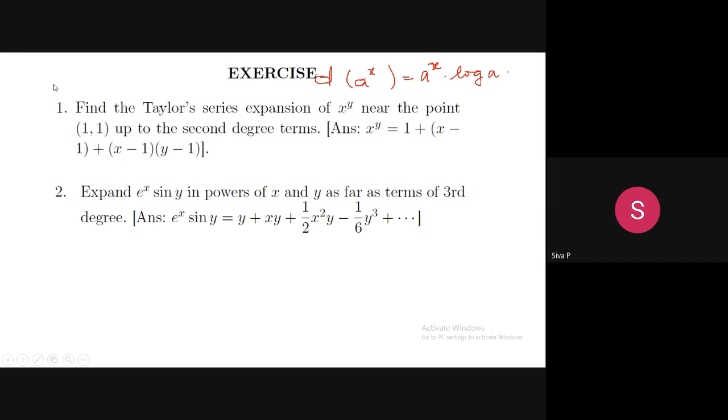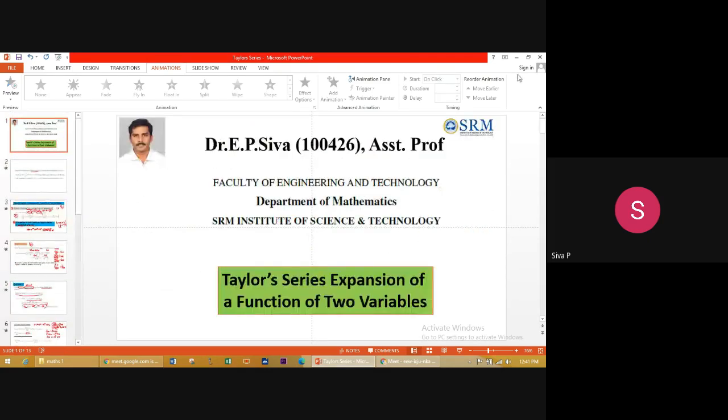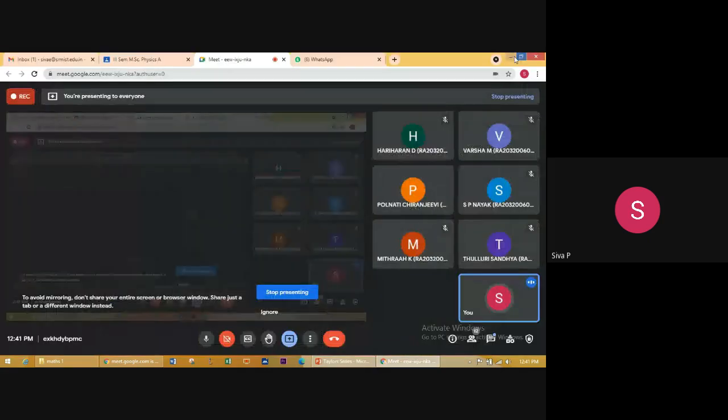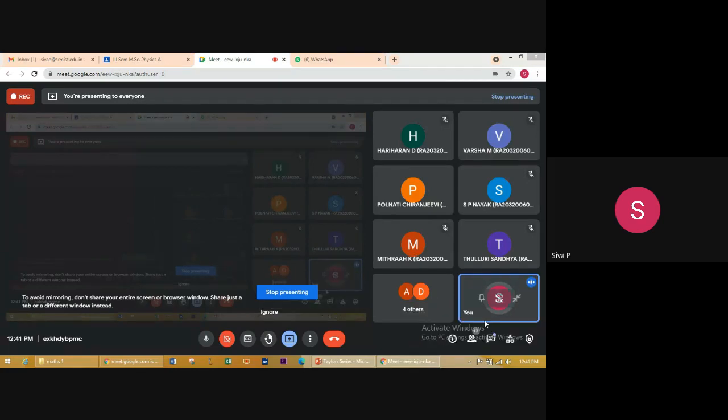Usually, I instruct students: if you are preparing for the GATE examination or any other examination, please don't skip your basics, because they may be available at BSc level, plus 2 level, plus 1 level or even 10th level.